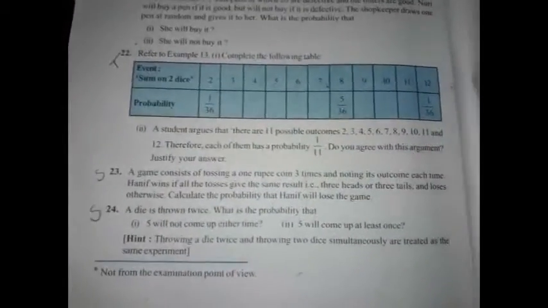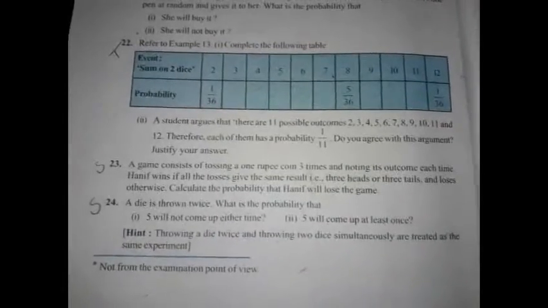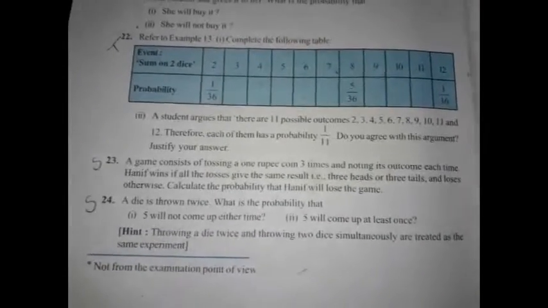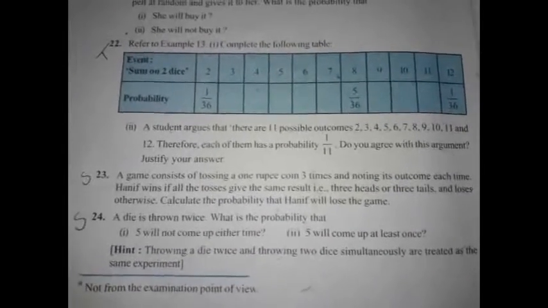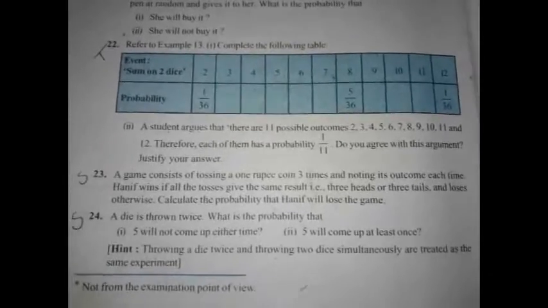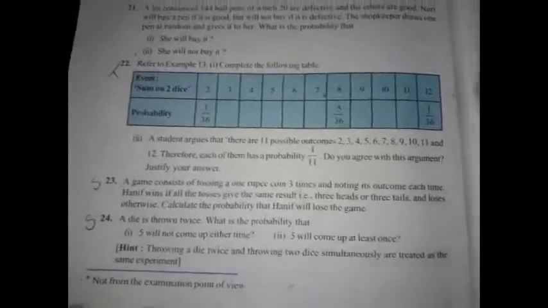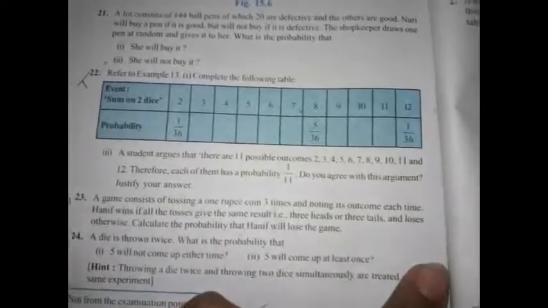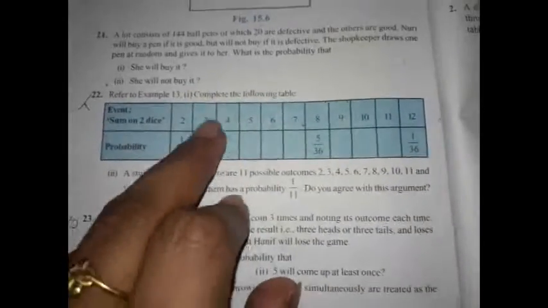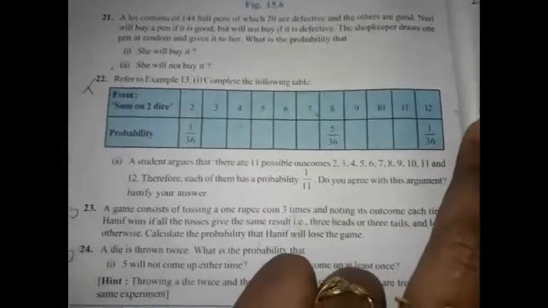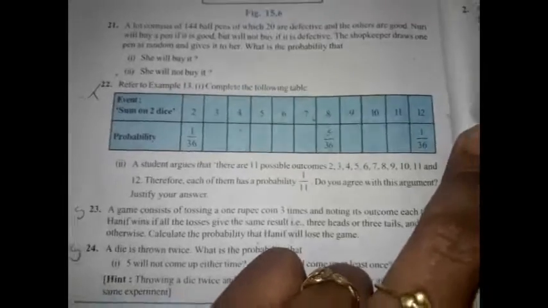Your next question is, a student argues that there are 11 possible outcomes. Therefore, each of them has a probability 1 by 11. Do you agree with this argument? Justify your answer. What this says actually is, we have 11 outcomes, so each one will have 1 by 11 as the probability. Is it so?